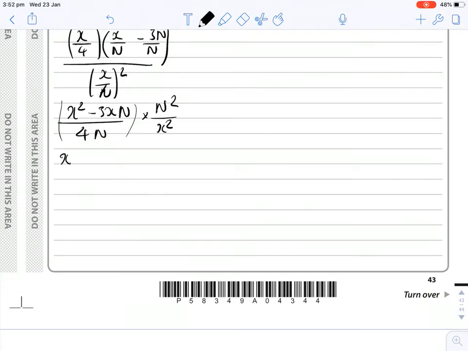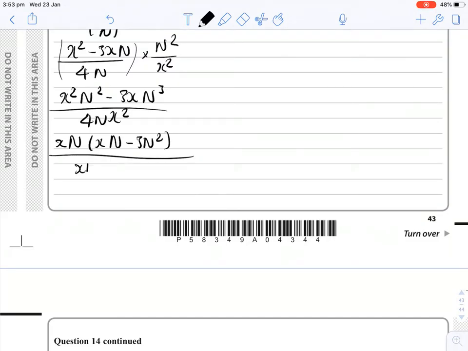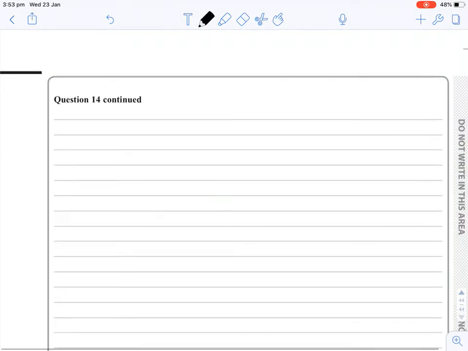So this is going to give us (x²n² - 3xn³) / 4nx². By factoring out xn, we can say xn lots of (xn - 3n²) all over xn lots of 4x. Now the xn's will cancel.